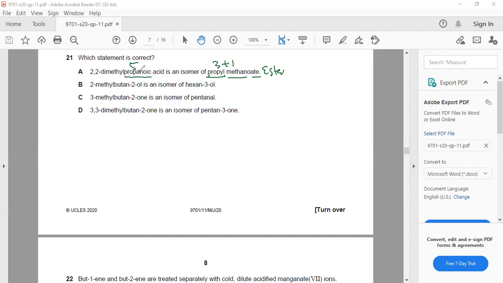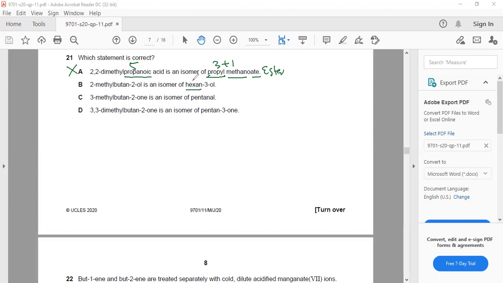So there is no need of making the structure. Count the number of carbon atoms and save your time. A is not possible.